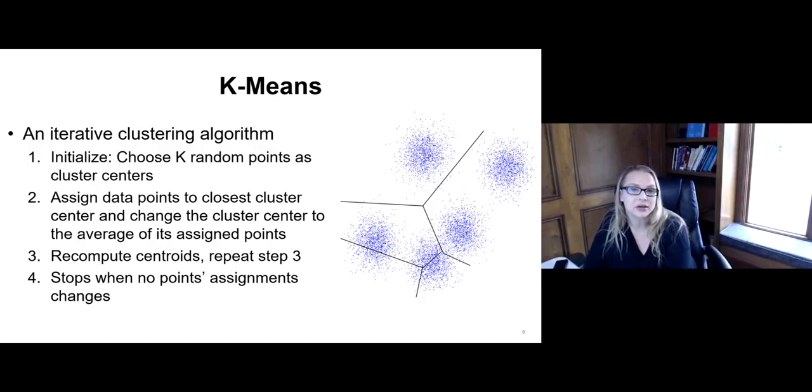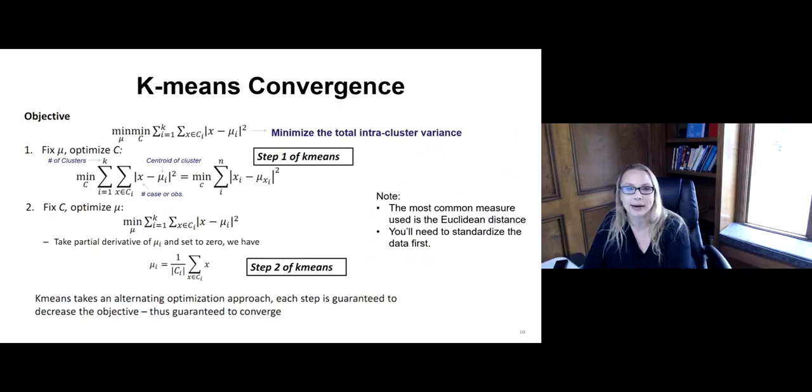So what's happening behind the scenes mathematically? The k-means convergence algorithm that's being used is displayed here. So let's describe what we're looking at. The objective function that we are trying to minimize in this case is the total intra-cluster variance. So there's variance within each of the clusters that we are trying to minimize. The first step in this formula is looking at the differences and the distances between our observations and the centroid of that cluster.